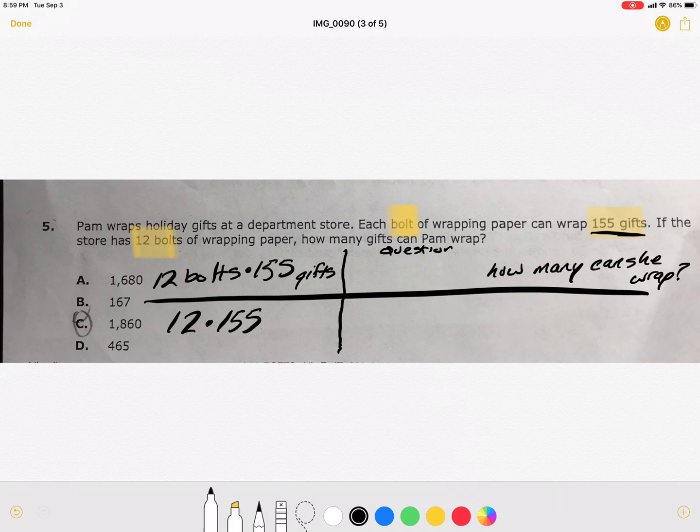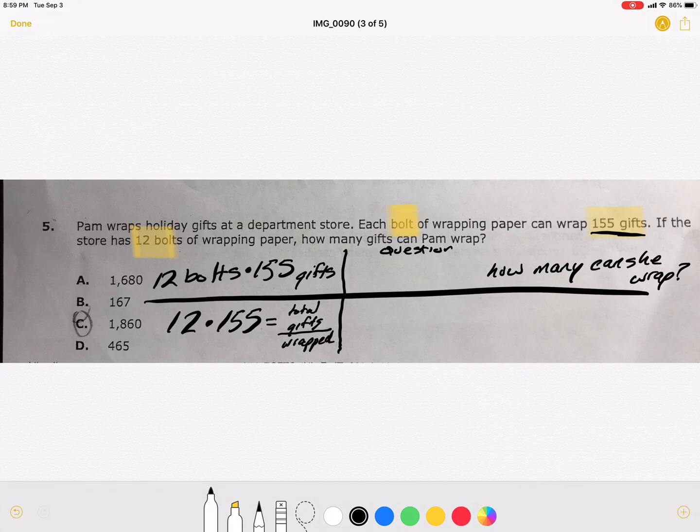Because what we're looking at is 12 groups of 155 equals total gifts wrapped.